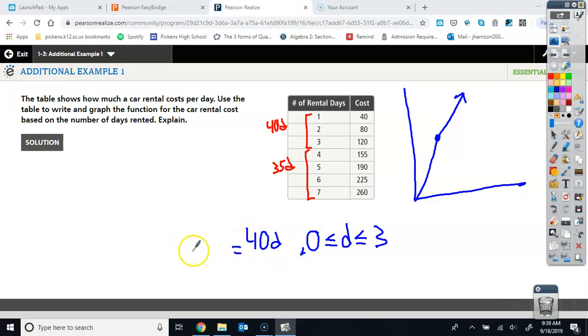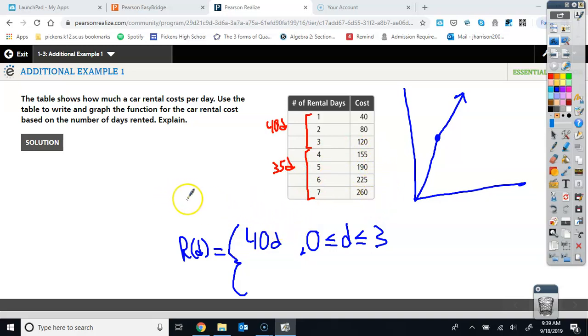So the rental, I'm going to put a big little bracket section here. The rental for any function of days is equal to 40 times the number of days for the first 3 days. After that, though, it's $35 a day after those days.